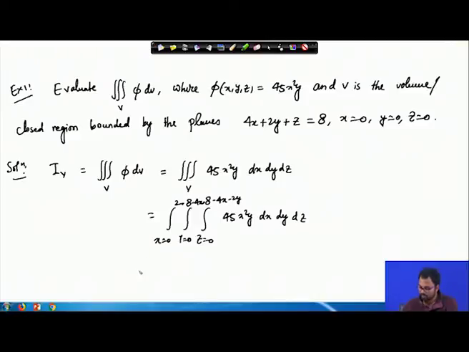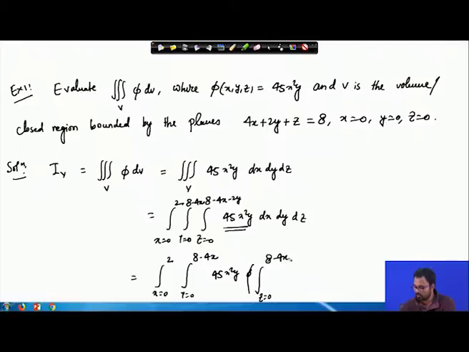Now, to integrate, first we integrate with respect to z. The integrand 45 x square y is independent of z, and z varies from 0 to 8 minus 4x minus 2y, so we have dz and then dy dx.